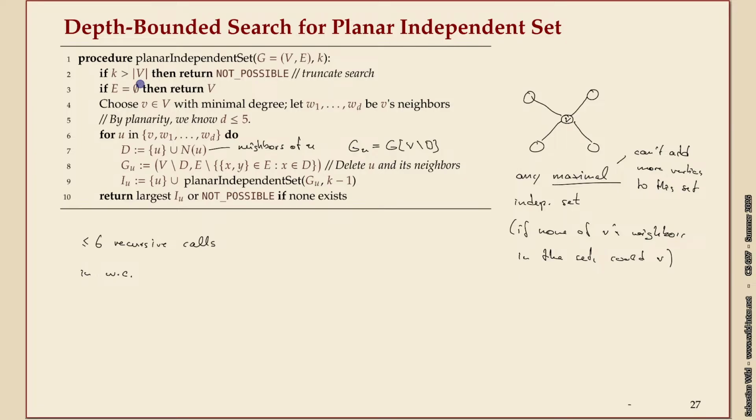So in the worst case, how do we bound the depth? I guess there's a case missing. If k is 0, we should just return the empty set and stop. I don't see if that's somehow implicitly caught in any of the other cases. This is the worst case, that we don't stop before that happens. So we go down with k all the way.